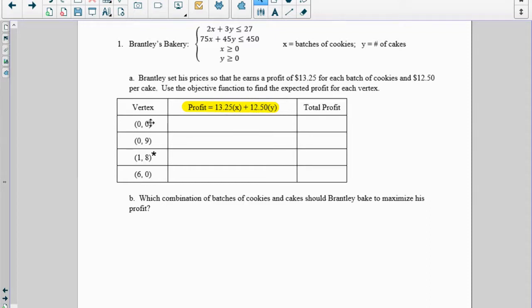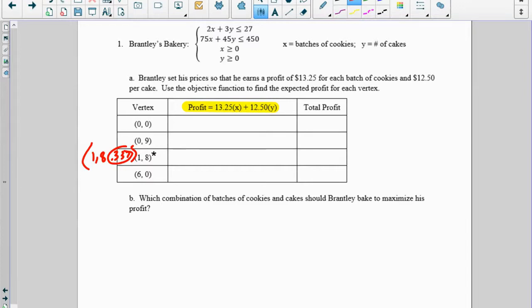So when we graphed the system of inequalities last week and we found the feasible region, we noticed that all of the vertices were at (0, 0), (0, 9), (6, 0), and then (1, 8). At least as close as we could to (1, 8). The actual vertex was at (1, 8.333), if I remember right. But if we think about what actually makes sense here, we can't have 0.333 of a cake.